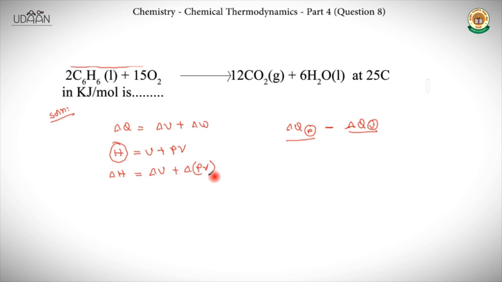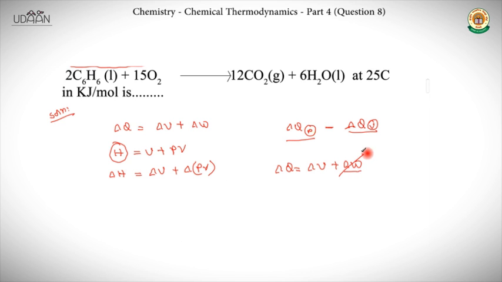And now we need to know heat of reaction at constant volume. Since delta Q equal to delta U plus delta W, but at constant volume, what is delta W? It is V delta P, and delta P is equal to 0, since volume is constant.